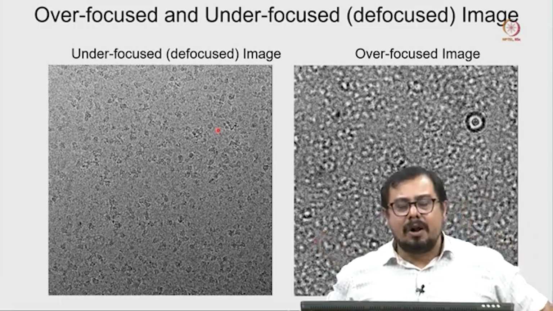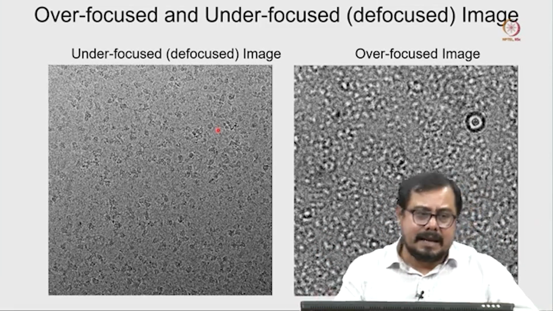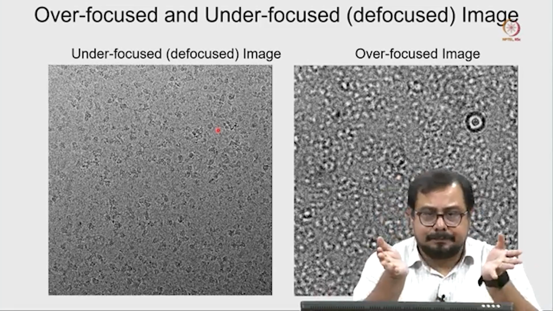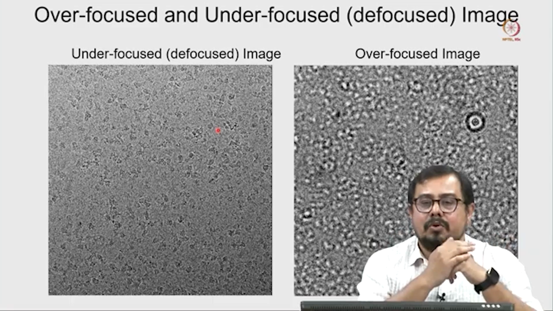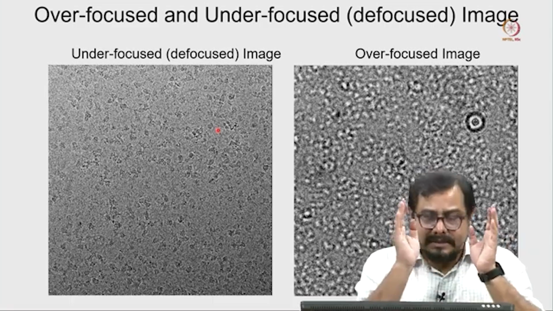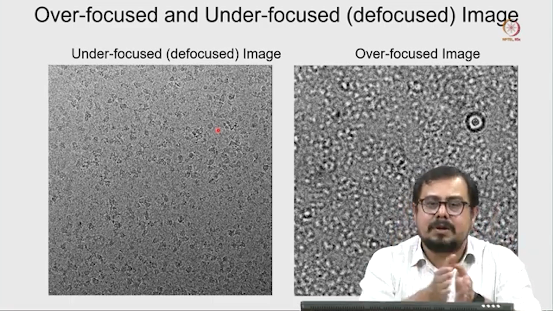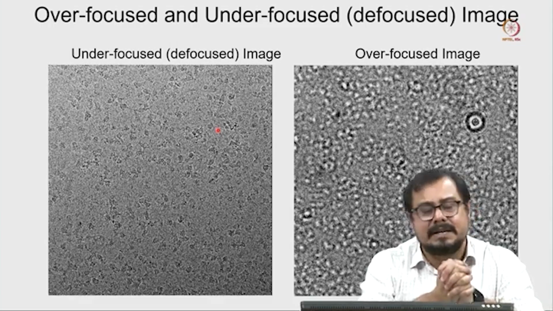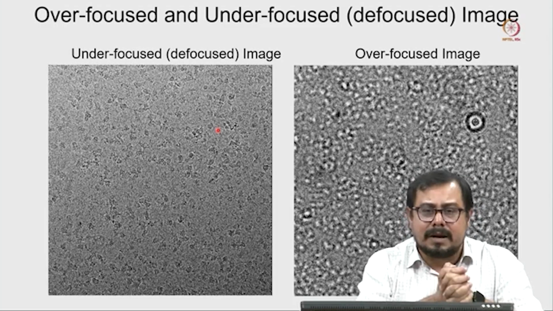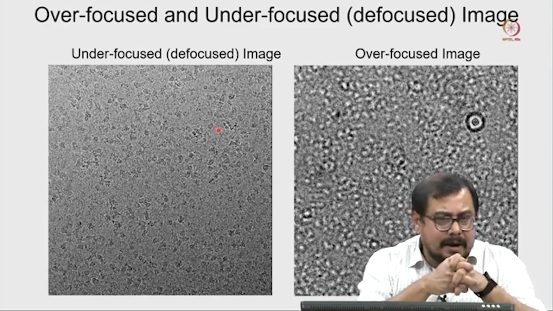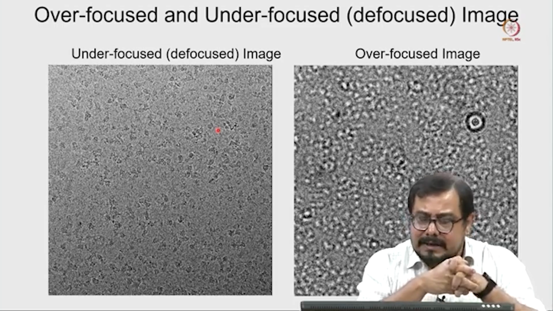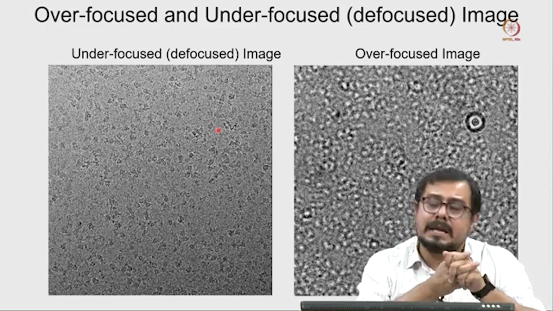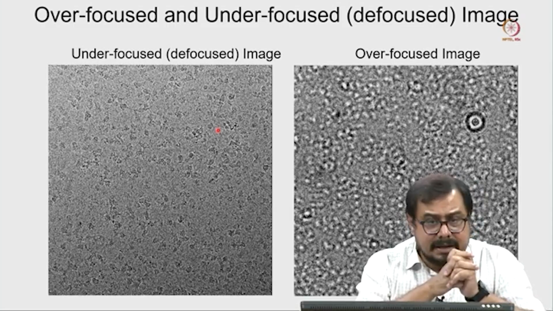So this is all about collecting data at different defocus values and what kind of focus we are using. Remember one thing, this is very important: you should correct the astigmatism. The operator, whoever is using it, no matter whether it is a negative staining microscope or a cryo-electron microscope, has to correct the astigmatism before collecting data, and this astigmatism may come from the condenser lens as well as the objective lens.